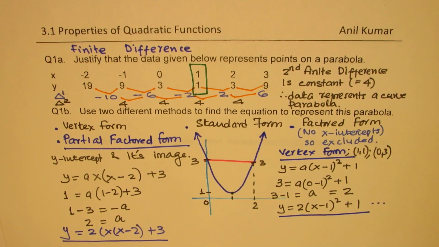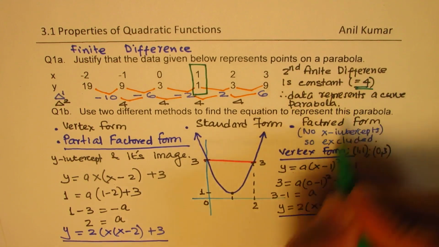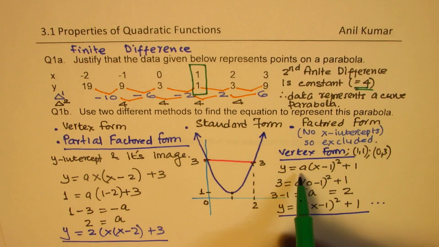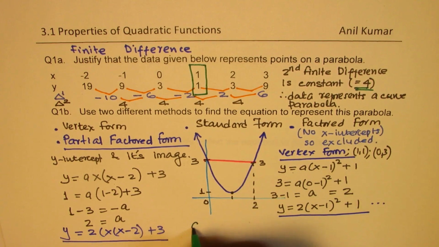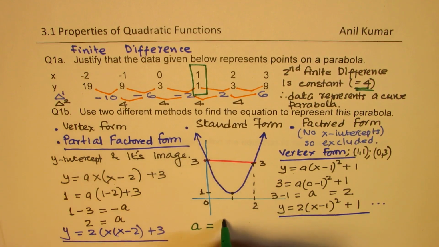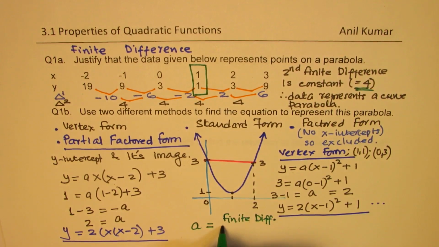Now let me also share one more thing: we found that a is 2 and the finite difference was 4. There is a relation which relates the finite difference with the leading coefficient a, and that's very important to understand. So a is equal to the finite difference divided by 2 for a parabola.